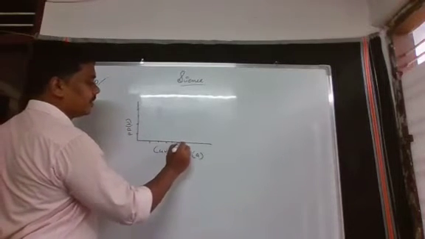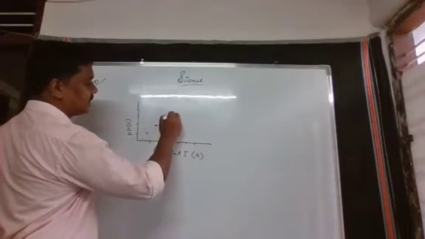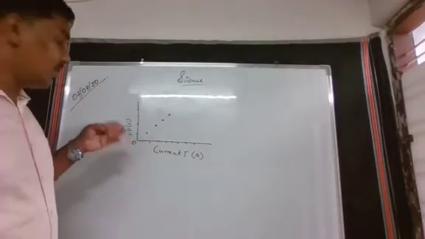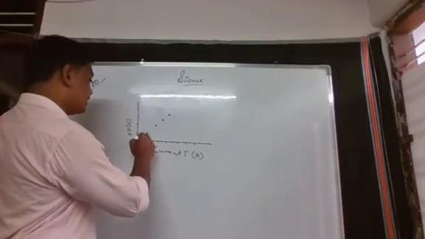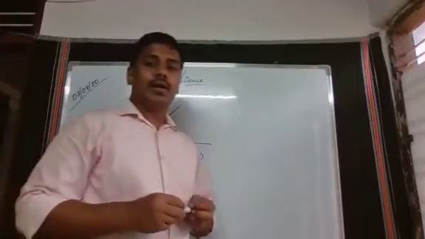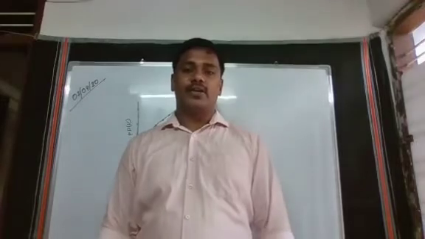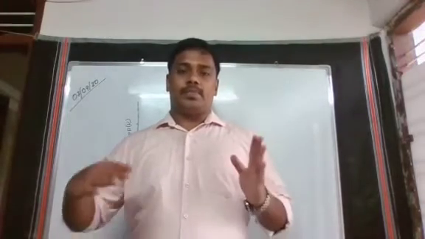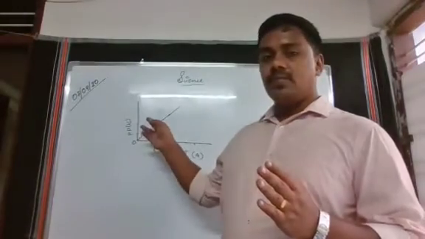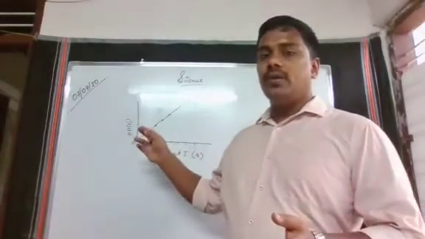In that we got some points, 4 points like this, and from the point of origin O, if we draw a straight line, it touches all the points which we got in the different readings. We will obtain a graph like this. If we draw a line from the origin O, it will pass through all the points.